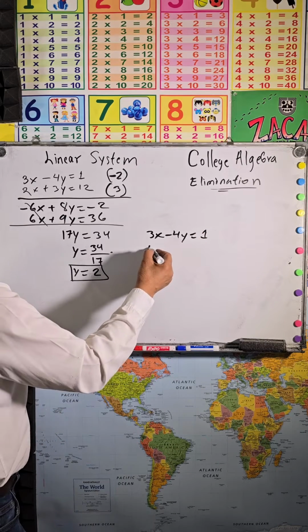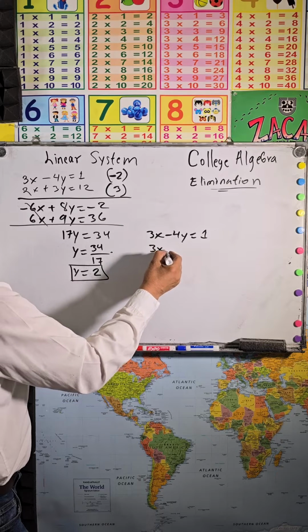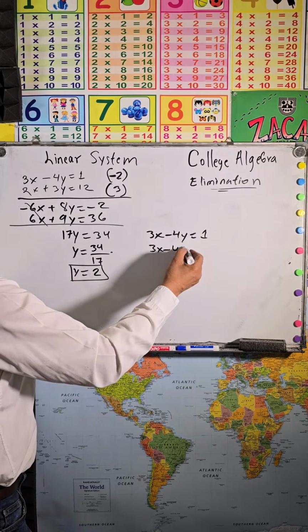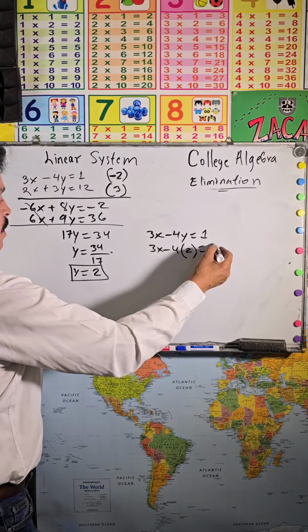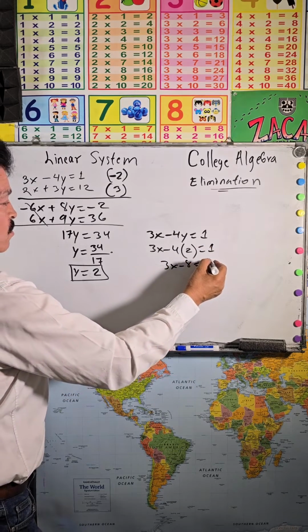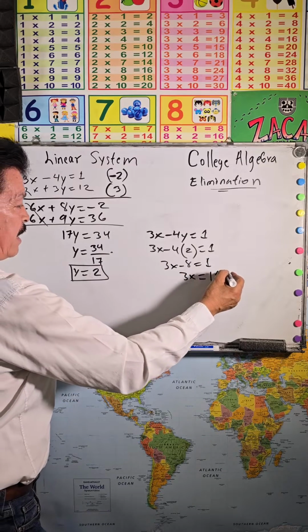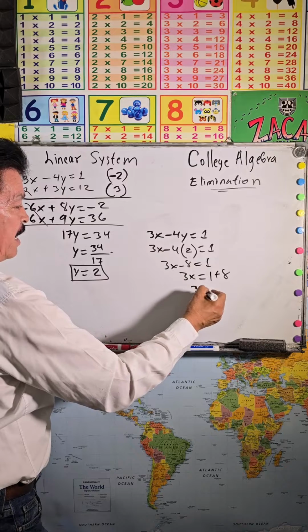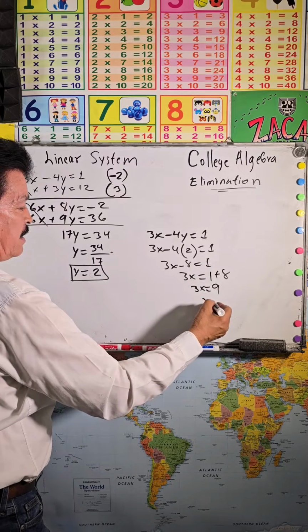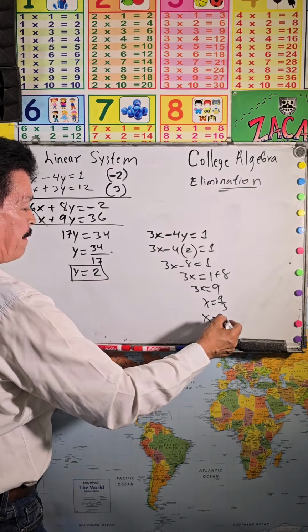Substitute: 3x minus 4 times 2 equals 1. So 3x minus 8 equals 1. So 3x equals 1 plus 8. So 3x equals 9. x equals 9 divided by 3. x is equal to 3.